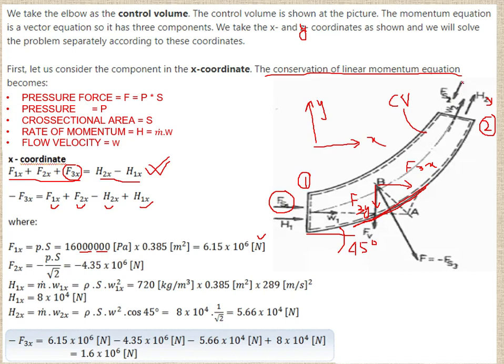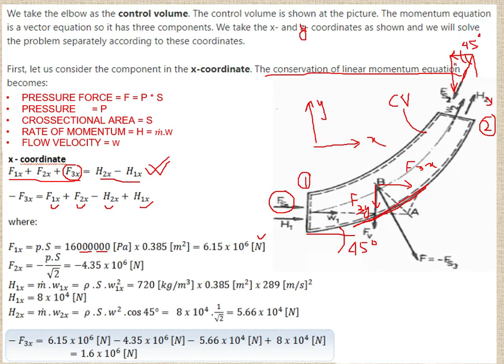If you make the components of this force like this, this is the component and this is the component. This is the angle which is given. If this is 45 degree, this is also 45 degree.